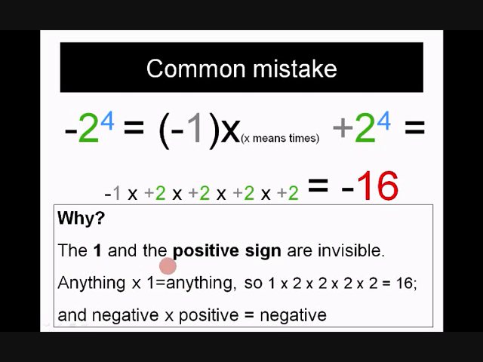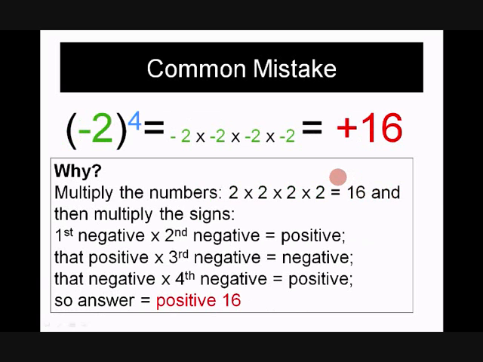Anything. 4 times 1 is 4. 10 times 1 is 10. So 1 into 2 into 2 into 2 into 2 is 16, right? Negative into positive equals negative. Since minus 1 is negative and the rest are all positive, we get a negative 16.